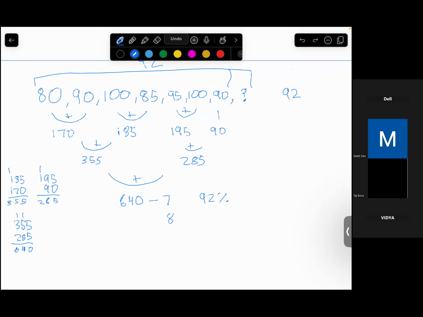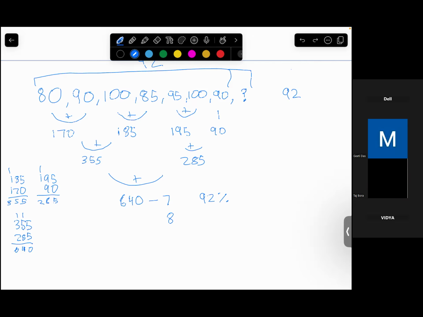Now, we don't need to even do the average of 640 and 7 because all we're looking for is what number added to 640 divided by 8 will equal 92. If we don't need to know the individual numbers in the data set for the eighth number, all we need to know is their total.